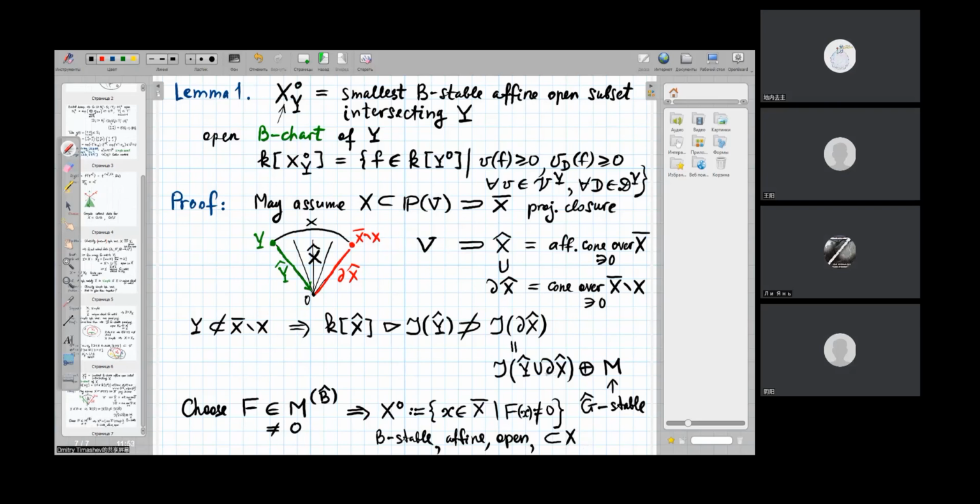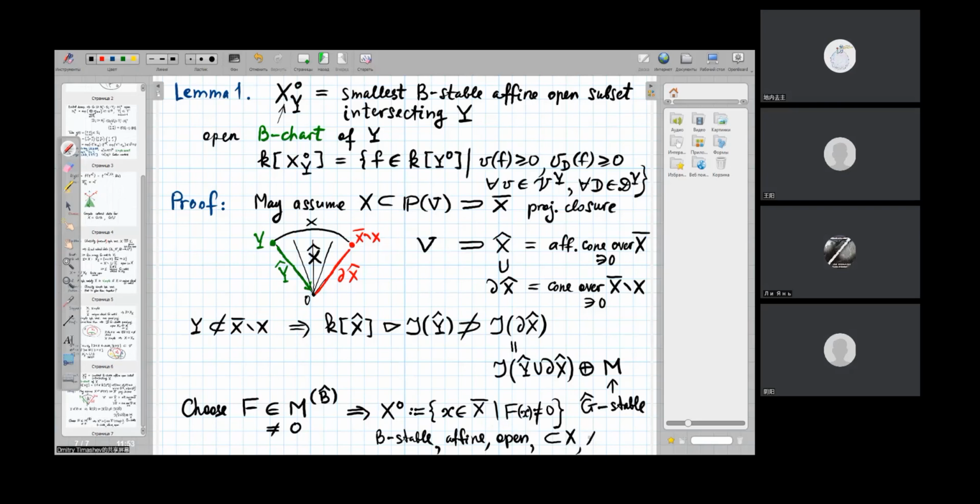By construction, this F is in the vanishing ideal of the boundary cone, so it vanishes on the boundary of X bar. This means that the non-vanishing locus is contained in X. And also it intersects the orbit Y.